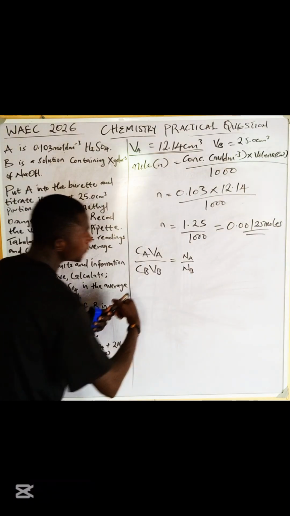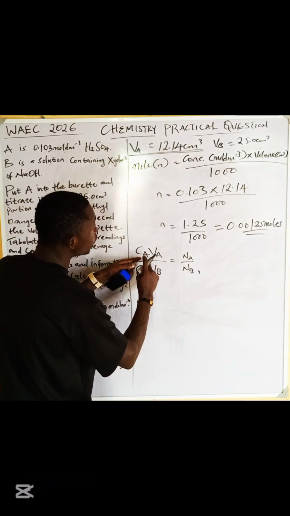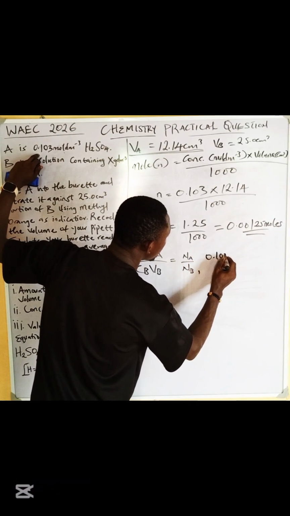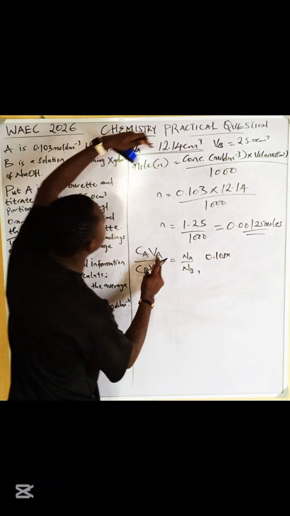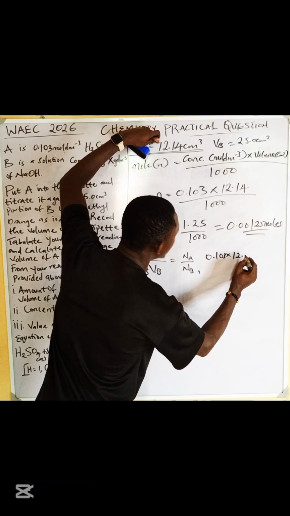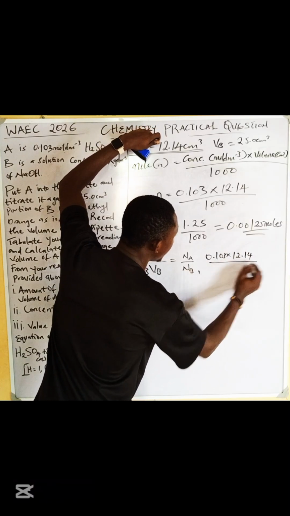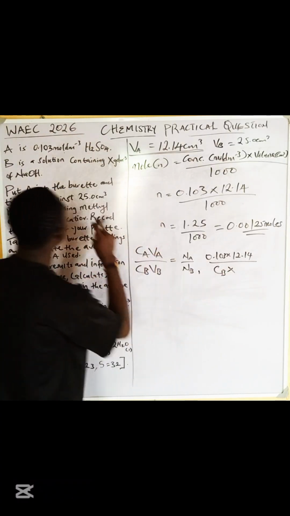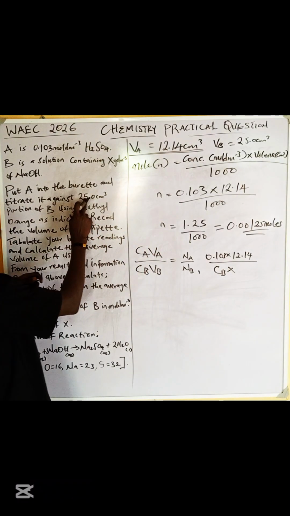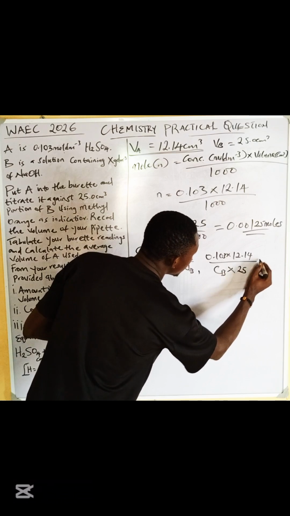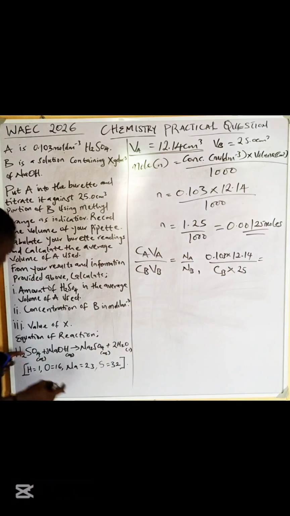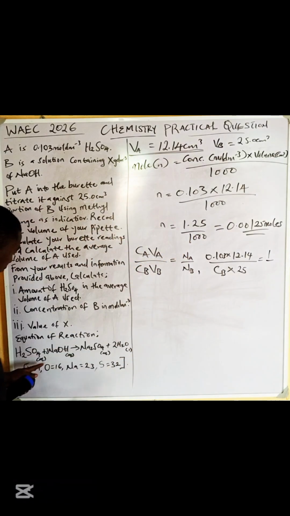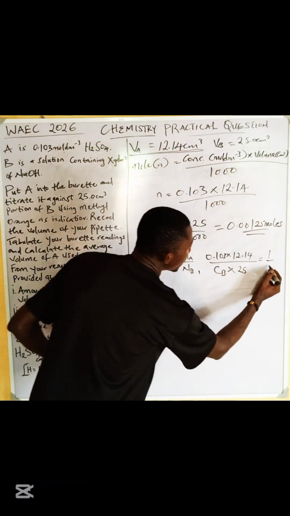So to calculate this now, the concentration of A is given in the question, which is 0.103, multiplied by the volume of A, that is 12.14, divided by CB, that is what you are looking for, multiplied by the volume of B, that's the volume of base, 25 cm cube, equals the number of mole of acid, which is 1, over the number of mole of base, which is 2.